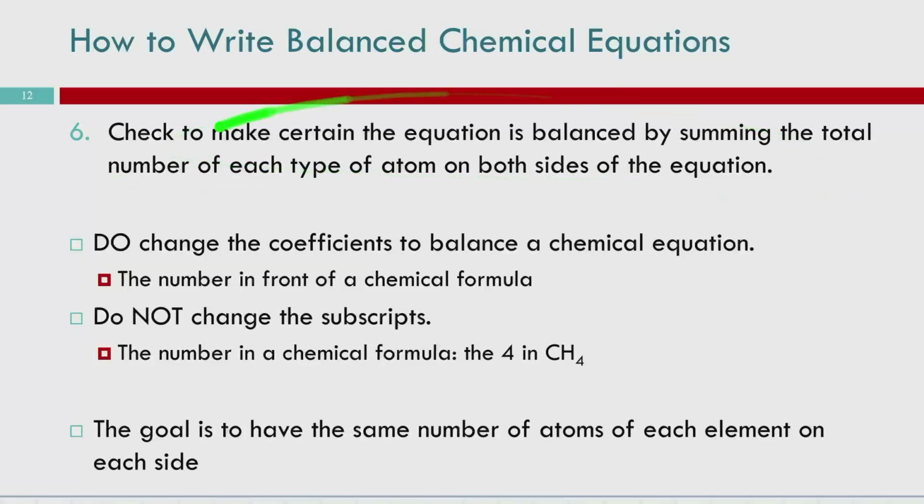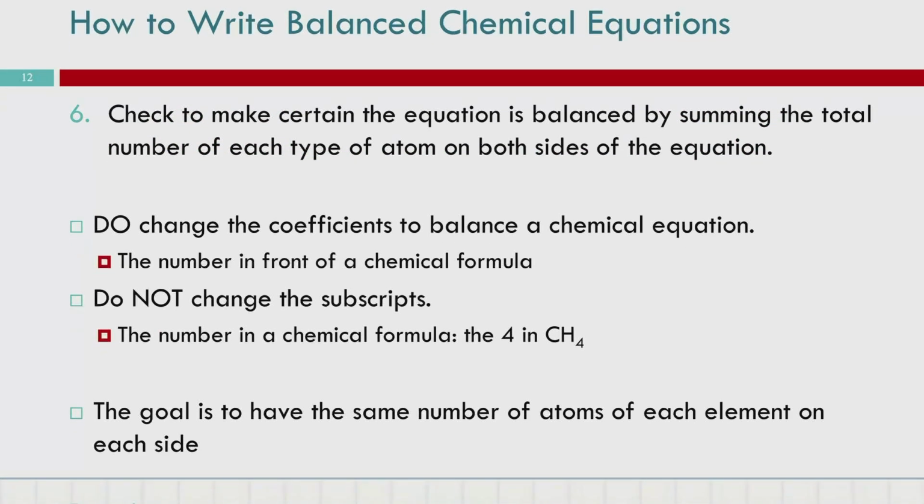Okay, so we can also double check things. We'll probably do that a couple of times. In summary, some things that we want to talk about. Do change the coefficients, the number in front of a chemical, like 2CH4.